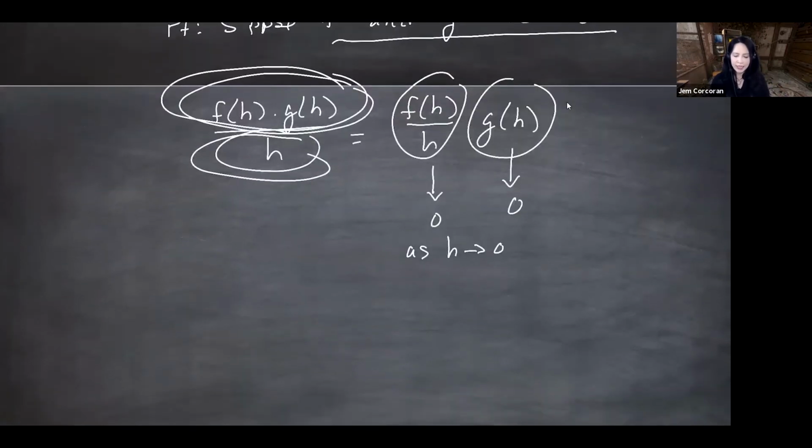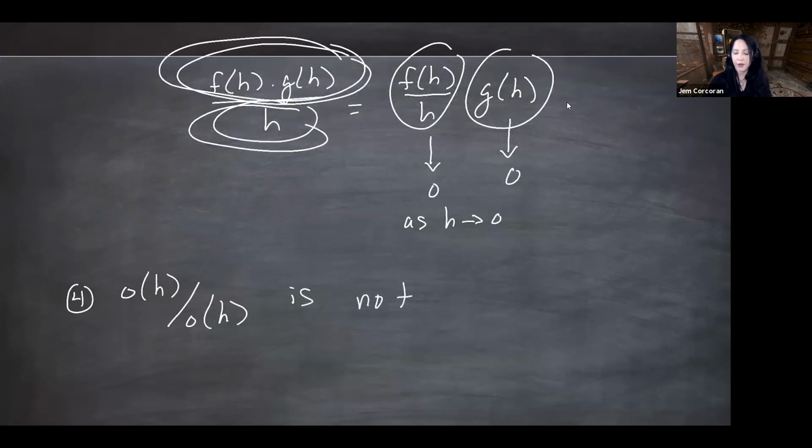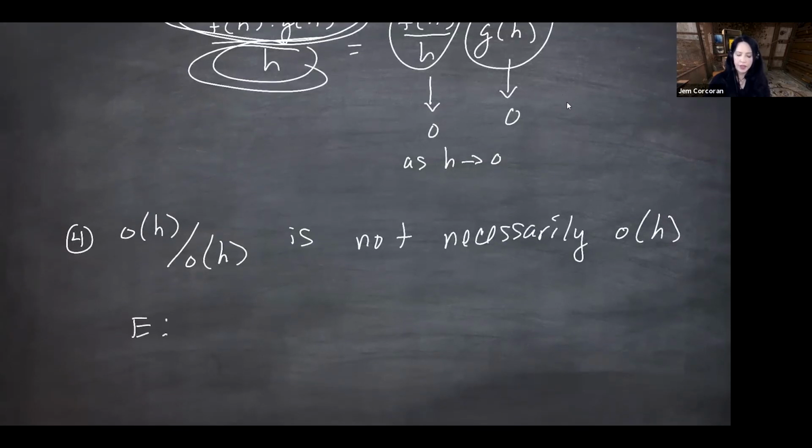Okay, one more example or non-example, and that is dividing. So little o of h divided by little o of h is not necessarily little o of h. As an example, I can look at the functions h squared and h cubed.